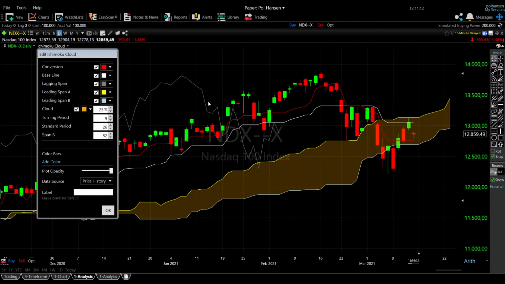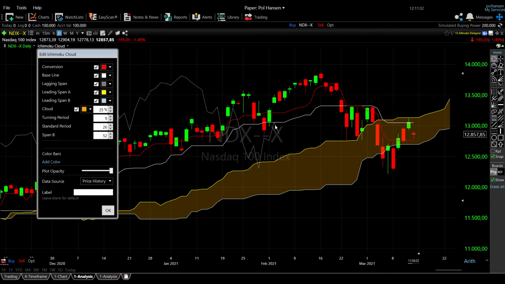Then we have this gray line here, and usually we just cancel that, because later on we can add the Bollinger Bands to the cloud, and they will resemble the same thing as this line, just even better.